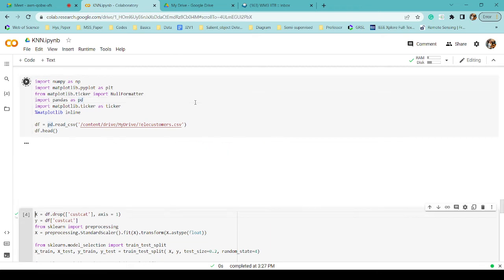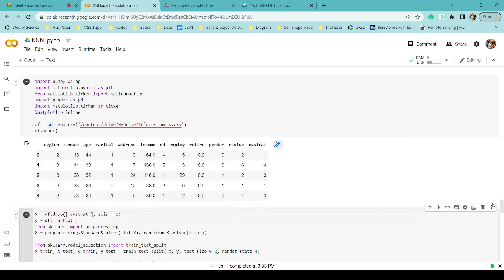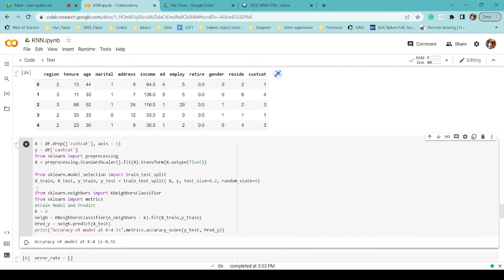And again, I am calling a library. Okay, so this custcat, I don't know what it was and I didn't need it, I felt. So I'm just dropping this custcat. Instead of custcat, take all the features, and the custcat is my output.